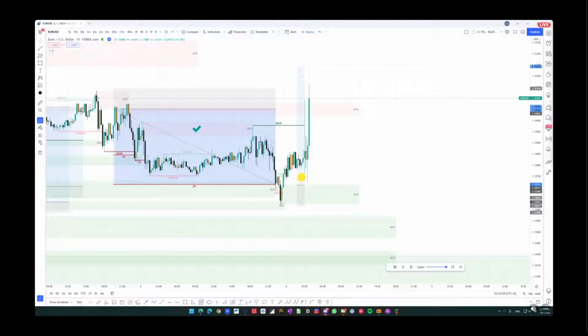But to be completely honest, there's one other thing. We wouldn't have traded this anyways because of the news. But let's assume it's not the news, right? Right now the news is over, you can trade it because it's over 2 minutes. So maybe you put an entry, we could, but I wouldn't, at least for an hour or so.